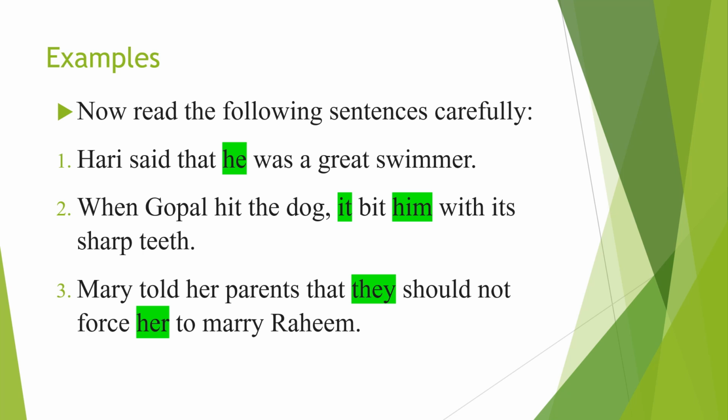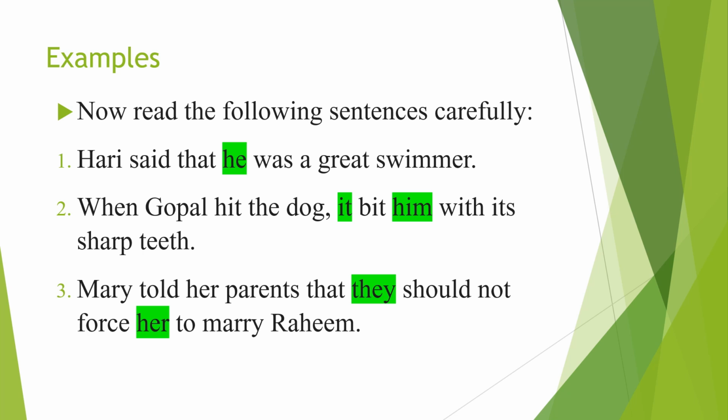So instead of saying, we can say like this, Harry said that Harry was a great swimmer. We can say like that. So instead of repeating the noun Harry, we will say Harry said that he was a great swimmer. So he is called pronoun. Pronoun means instead of a noun or for a noun.